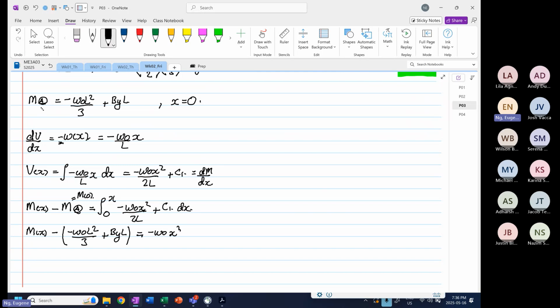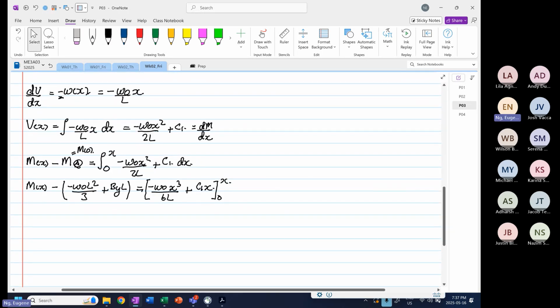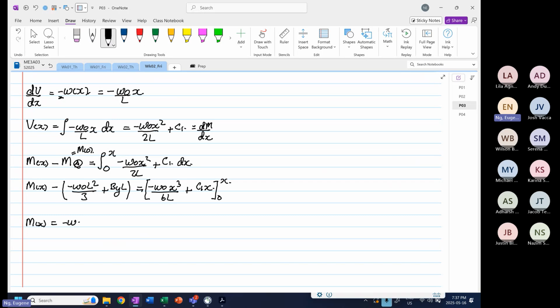So omega naught x cubed over 6L plus C1x. Okay. And then the limits is 0 to x. So from here, we have formulated M as a function of x will be equal to minus omega naught x cubed over 6L plus C1x, minus omega naught L squared over 3, plus ByL.